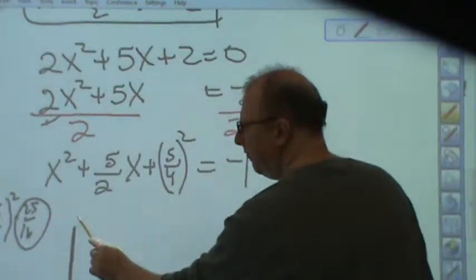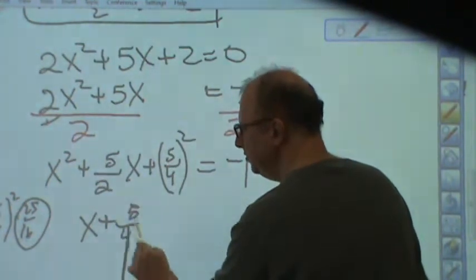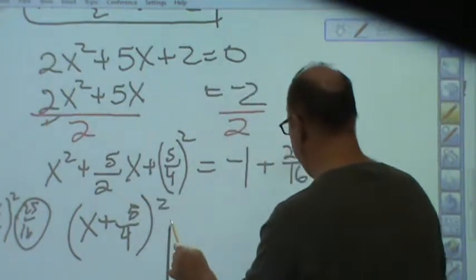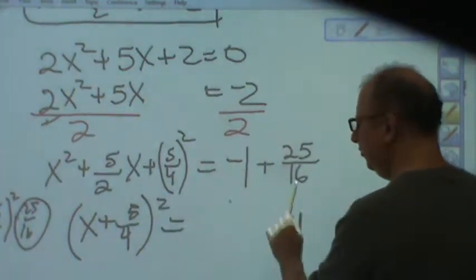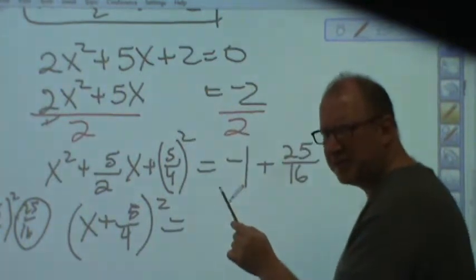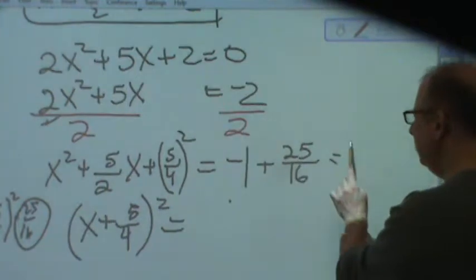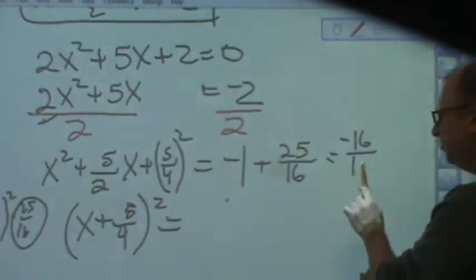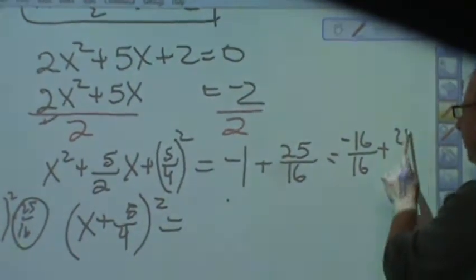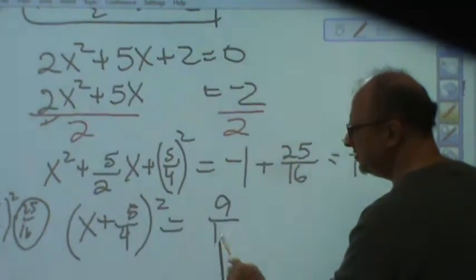And now look what I have here. X plus 5 over 4 squared is equal to, well, if I make this a common denominator, negative 16 over 16 plus 25 over 16, that gives you 9 over 16.